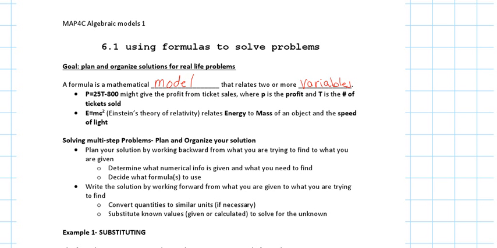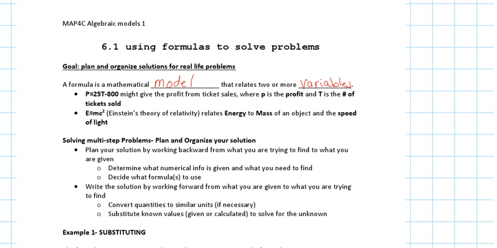Okay, so I have two variables here: my profit and my number of tickets sold. It might give the profit from ticket sales, P, where P is the profit and T is the number of tickets sold. So I have two variables, P and T. Profit depends on the number of tickets sold.